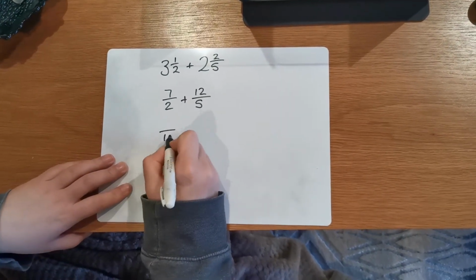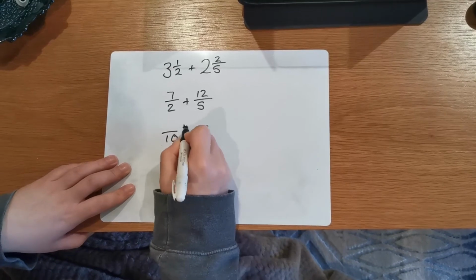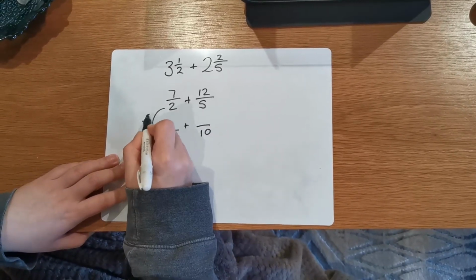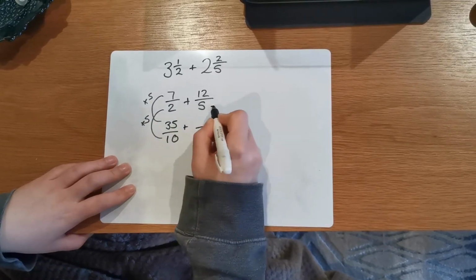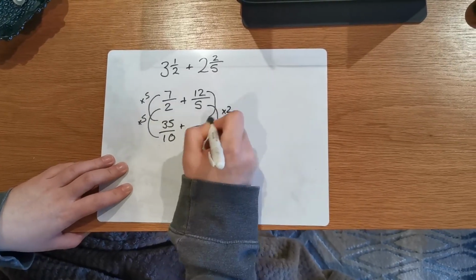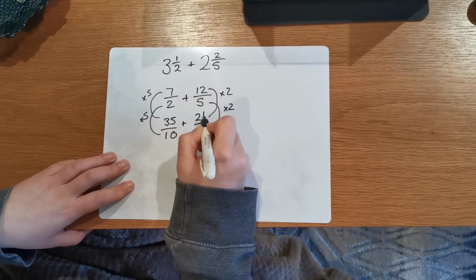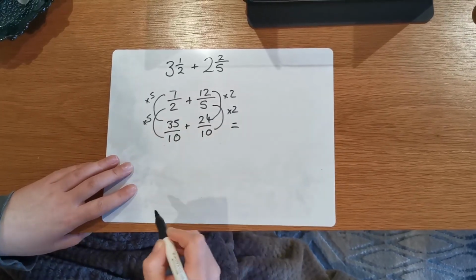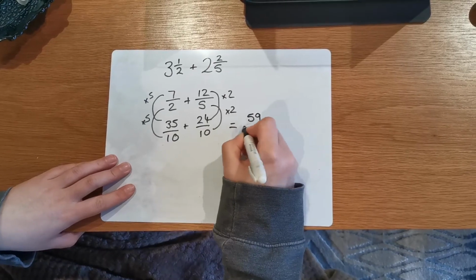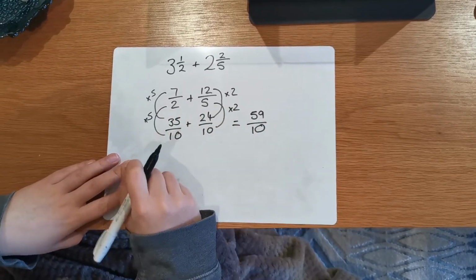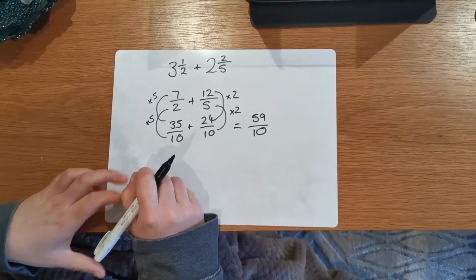In this case, it would be 10. So I change them into tenths. Apply the granddad rule. So 35/10 add 24/10 equals 59/10. Okay, and that's how to add fractions.